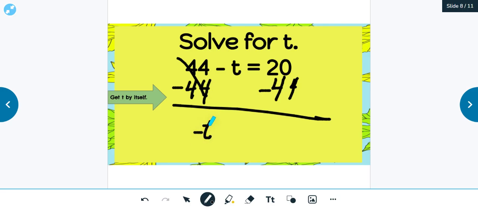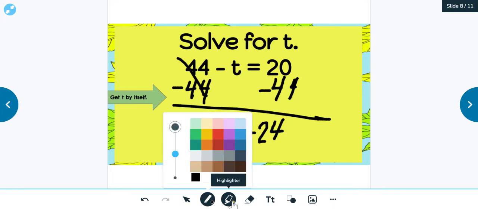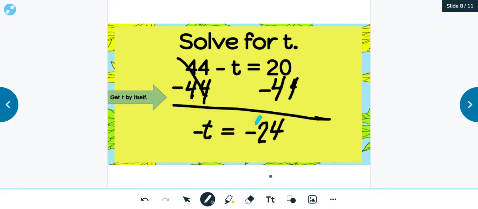That minus is going to end up being a negative t. Negative t equals 20 minus 44, which is negative 24. If your variable is negative, we're going to do one more step. If negative t is negative 24, that must mean positive t is positive 24. It's like opposites.